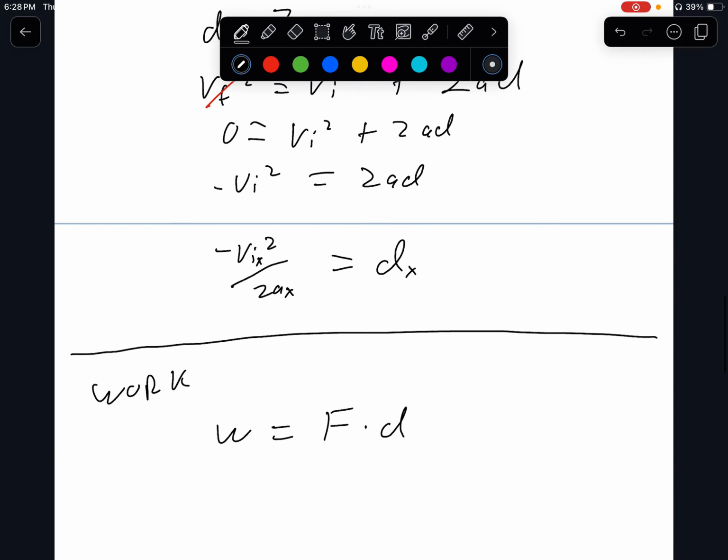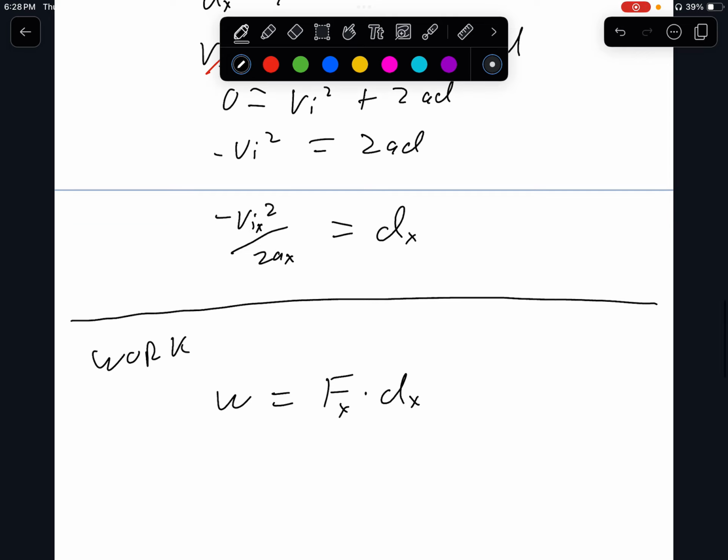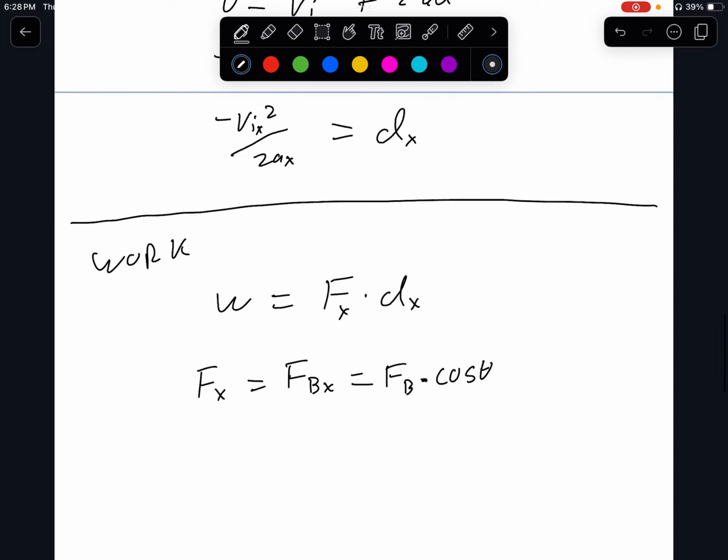But as a reminder, when we're talking about work, it's the component of the force that is along the direction or dimension of the displacement. So I need the x force. Now, what is the x force? That's the sideways pushing from Bob, which is Bob's push times the cosine of the angle.